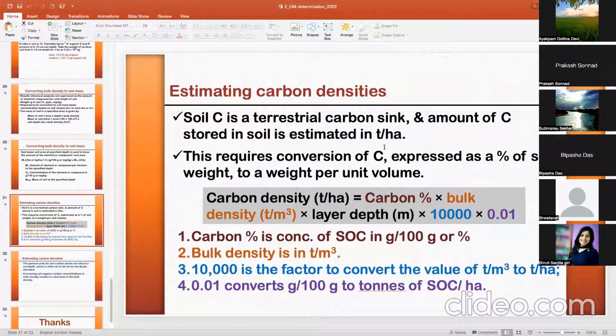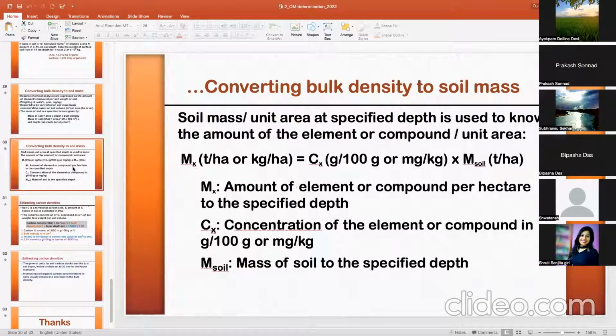Now you see soil carbon. In this case, suppose it is carbon and you want to work it out. So here M you can calculate in tons per hectare. This carbon you can calculate in tons per hectare. Cx is the gram per 100 gram.